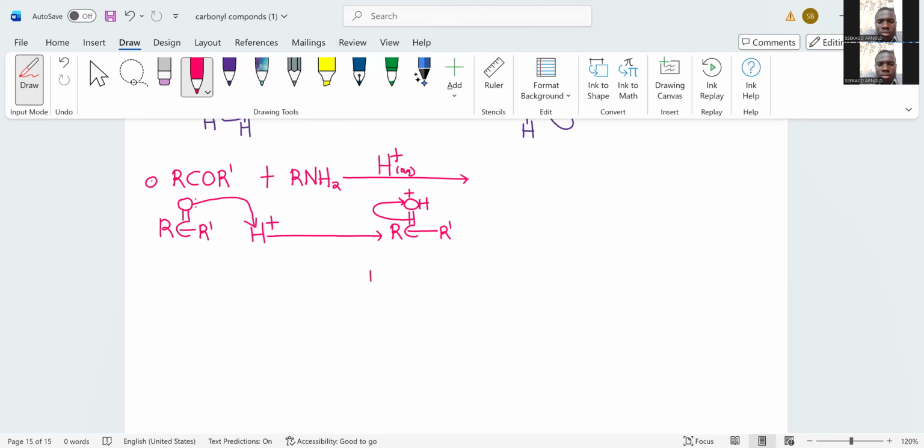Therefore, we bring our derivative of ammonia, RNH2. It's electron rich because there are lone pairs of electrons on nitrogen that can be donated to carbon. As a result, we obtain RC. Now that C, previously we were having a double bond. This is now a single bond with the OH. And the O is not having a plus, because we have donated electrons to it.